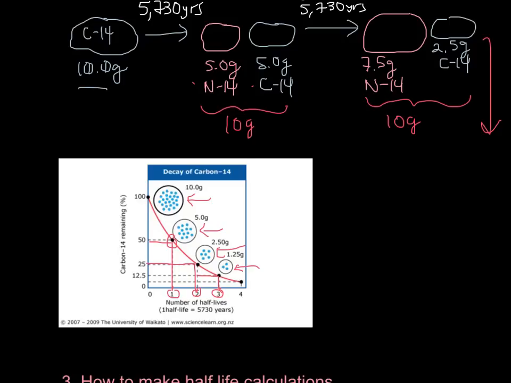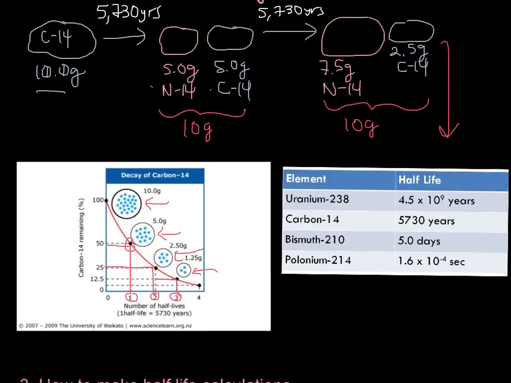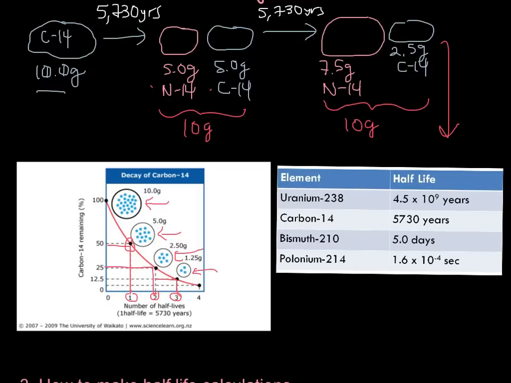So that's half-life. Every radioactive element has a half-life, an amount of time that it would require to decay by half. Here I have a couple of different elements listed: uranium-238, carbon-14, bismuth-210, and polonium-214, just to give you some examples of the varying degrees of half-life. We just talked about carbon having a half-life of 5,730 years, as opposed to something like bismuth, which only takes 5 days to break down by half.